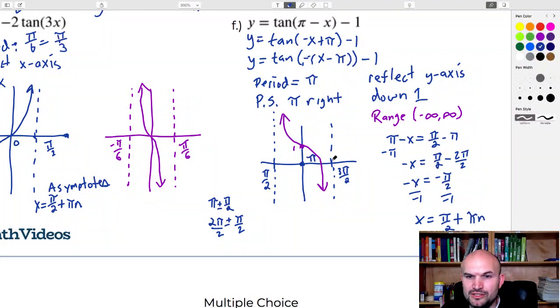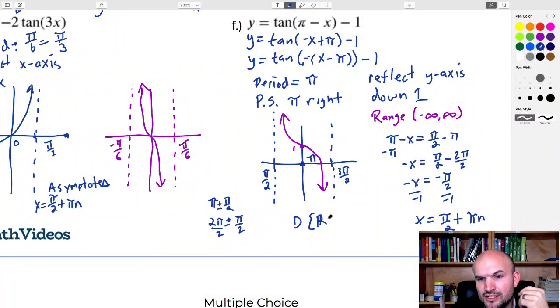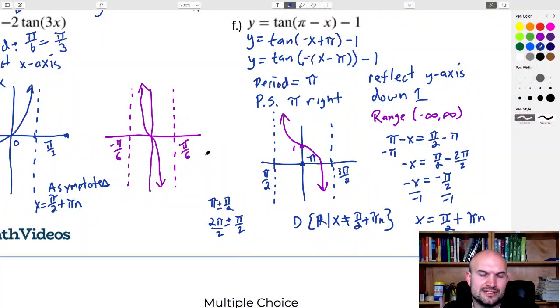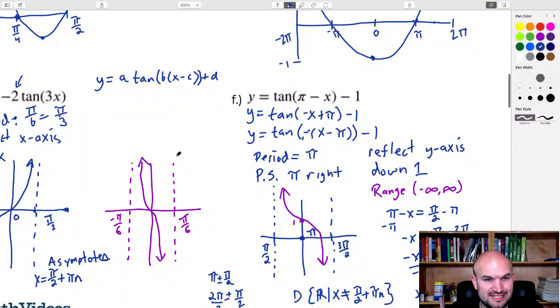If n was 1, that would take you to that asymptote. If n was 0, it would take you over to that asymptote. That is a way for us to identify all the asymptotes. As far as the domain, there are a couple of different ways we can write this. One of the easiest is set notation: all real numbers such that x cannot equal pi halves plus pi n. All right, so let's take a look at this one using the same idea.